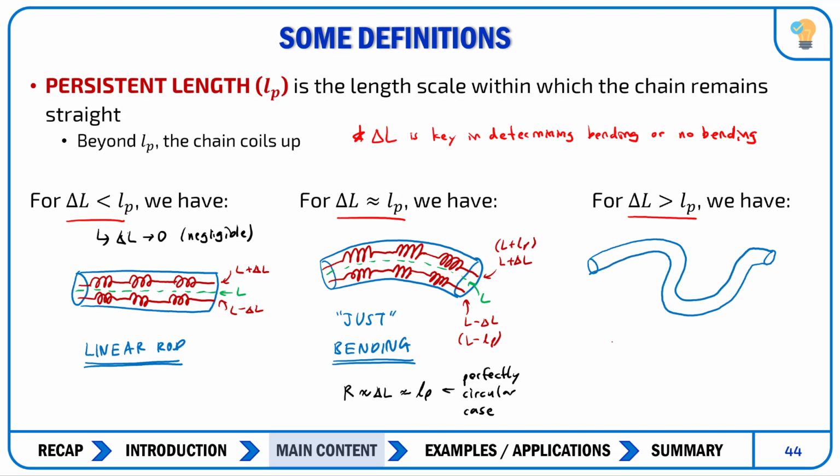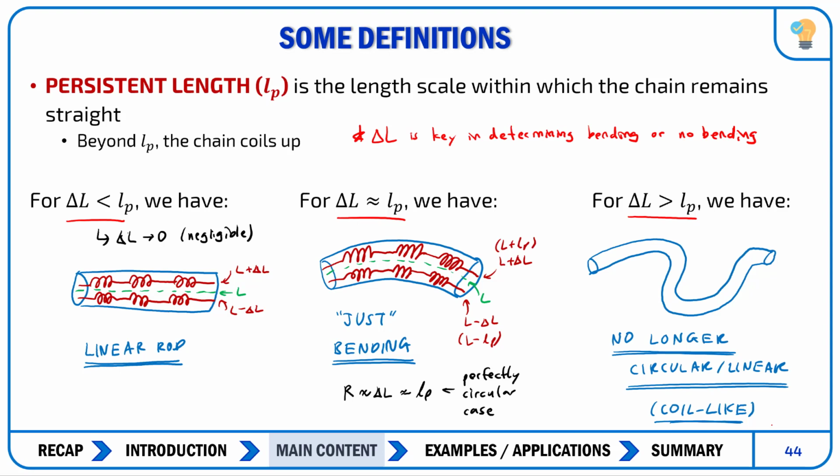And in this case, we just consider this, it's no longer circular or linear. The other term for this would just be coil, or coil-like. So now we have three different ways of comparing delta L to LP.